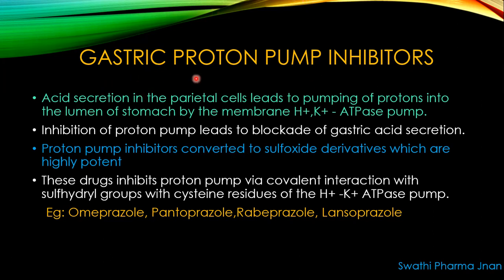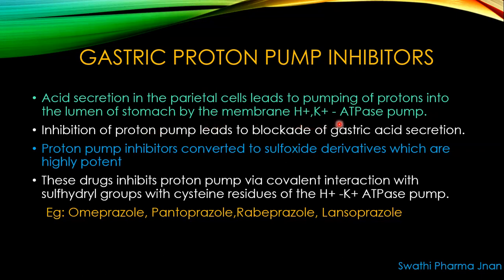Coming to the topic, gastric proton pump inhibitors. Acid secretion in the parietal cells leads to pumping of protons into the lumen of the stomach by the membrane H+/K+ ATPase pump. The lumen of the stomach is nothing but the interior part of the stomach.